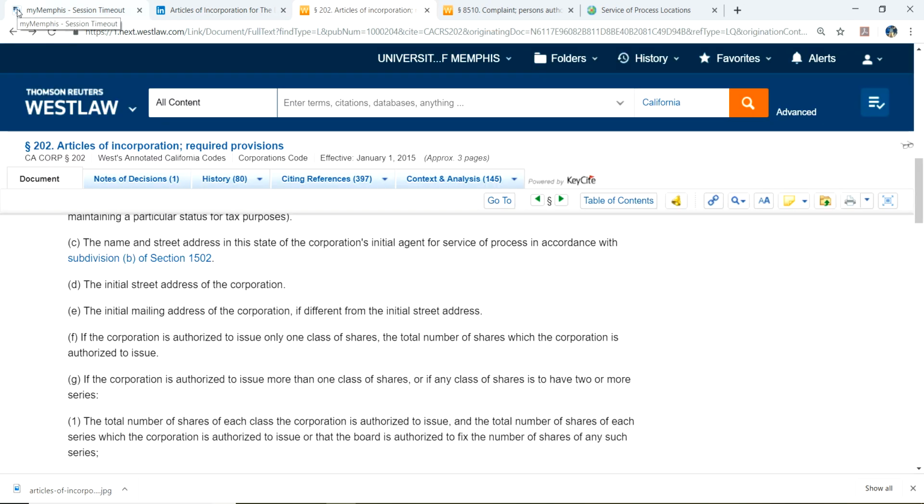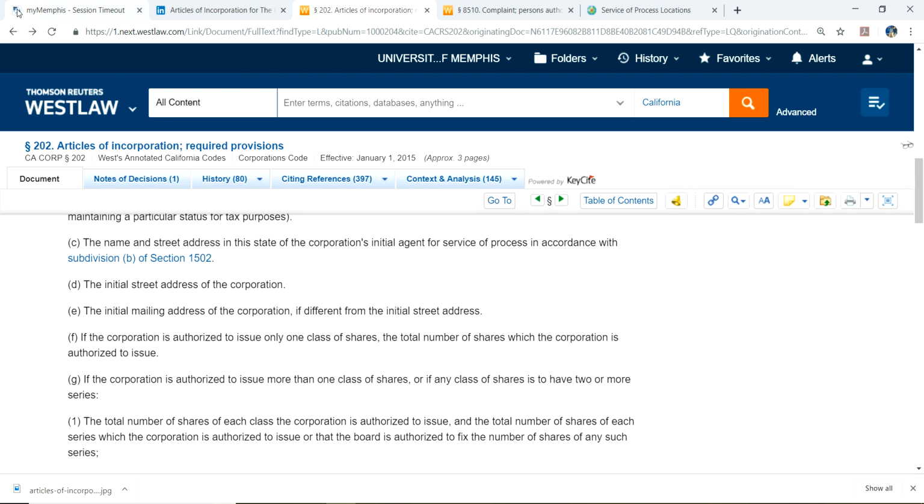If you go back to the statute, under section D, it says the initial mailing address of the corporation, if it is different from the initial street address, and if the corporation is authorized to issue only shares, which I believe this corporation didn't have the intent to offer any shares to the public.